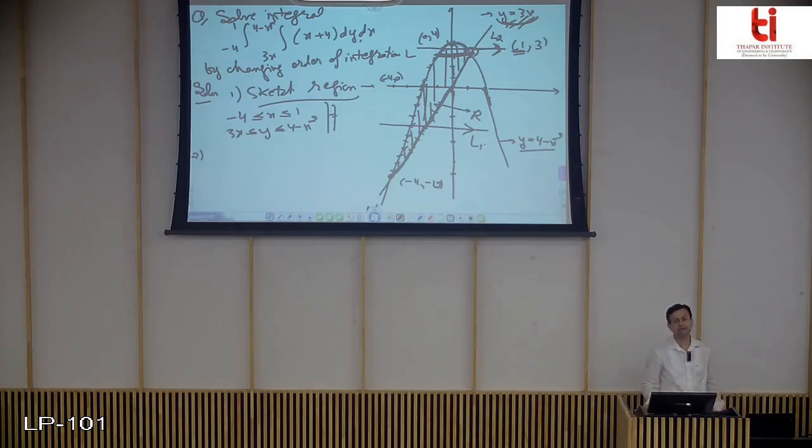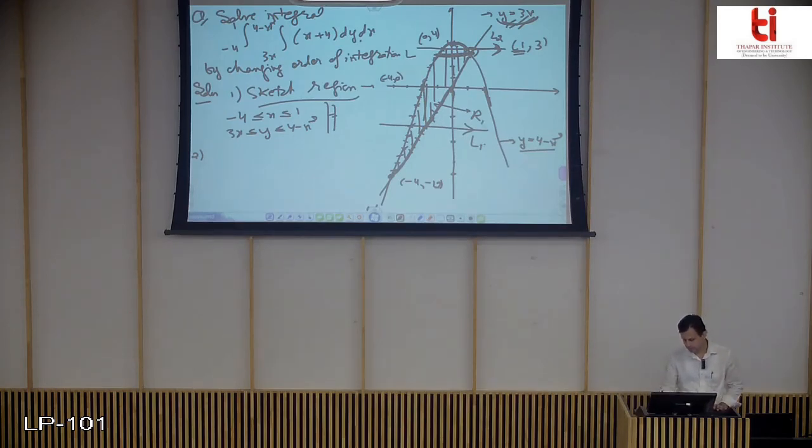So we definitely have to split the region, because it is not the case for every part of the bounding curve that wherever you are entering the same boundary, you are leaving at the same boundary. It is different. So we have to split the region now into two parts.